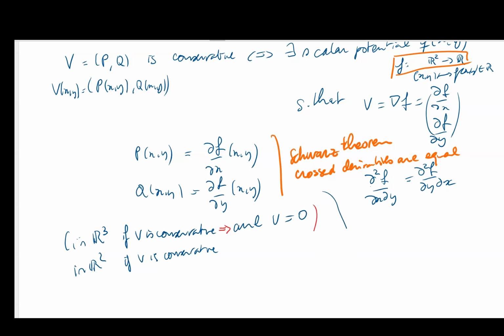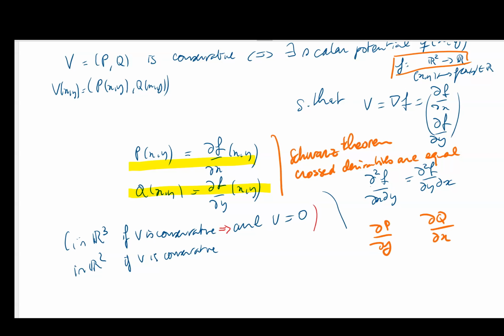If p is equal to df over dx, and q is equal to df over dy, what's happening if I differentiate p with respect to y and q with respect to x? What do I get?